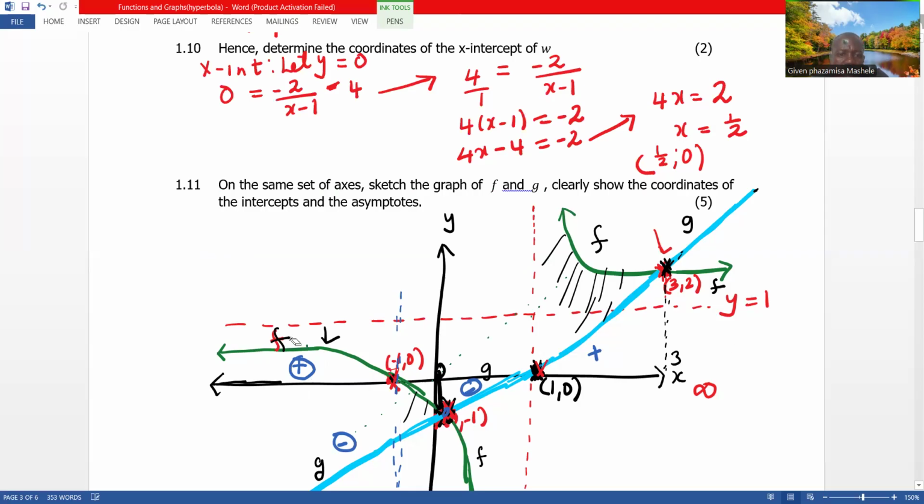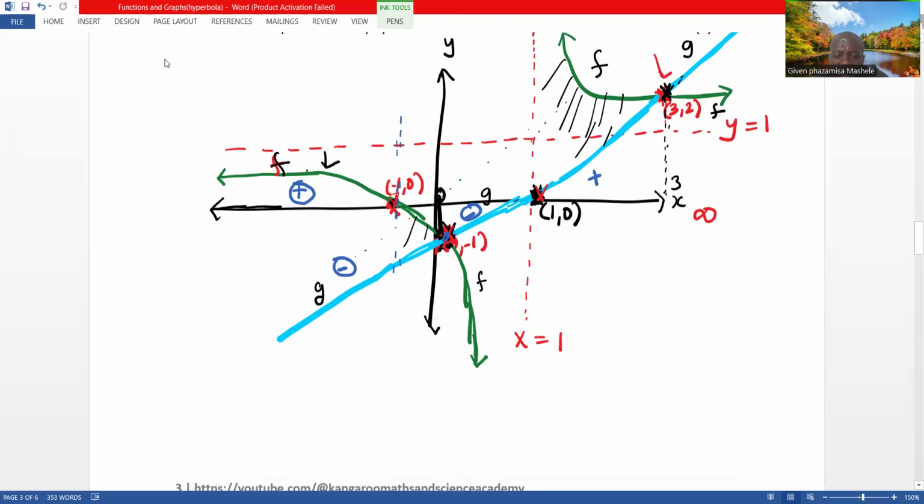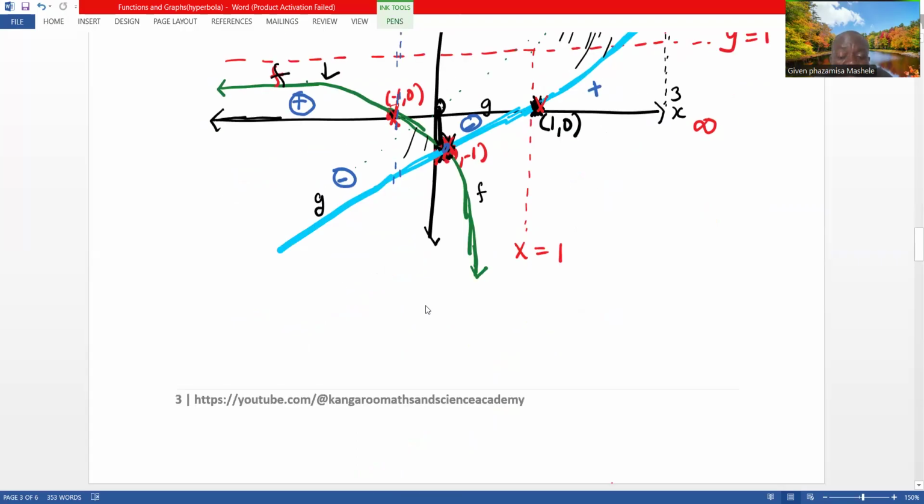Okay. The next question. Let's use red. Then what is the next question? Let's move on to the next question.